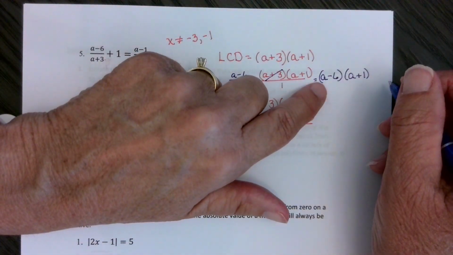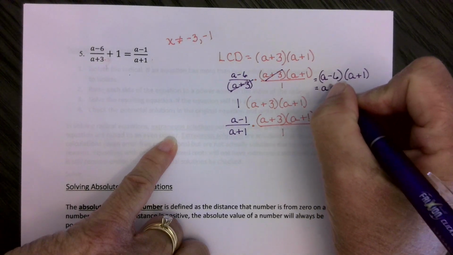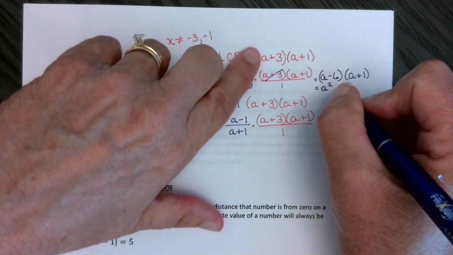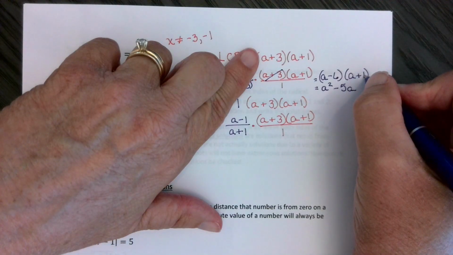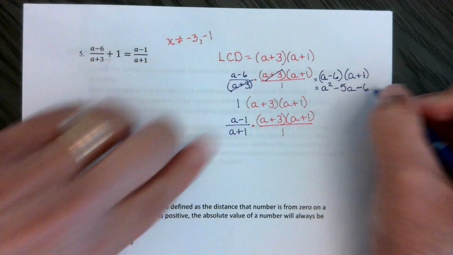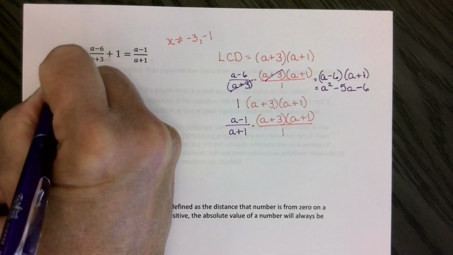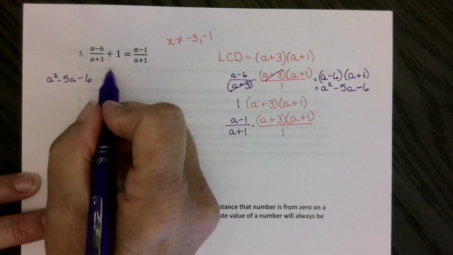If you use FOIL here, you'll end up with a squared. Positive 1a, negative 6a gives us negative 5a. And negative 6 times positive 1 gives us a negative 6. So, I have a squared minus 5a minus 6. Then there's a plus sign.